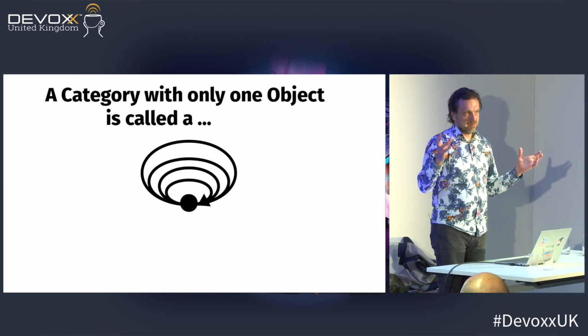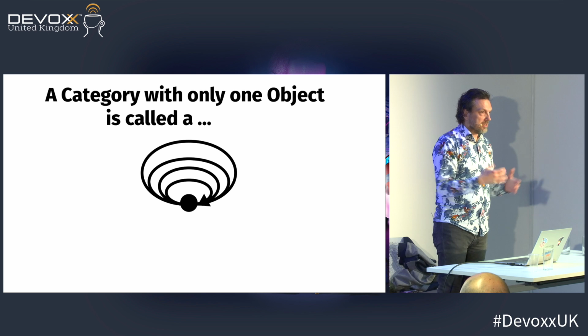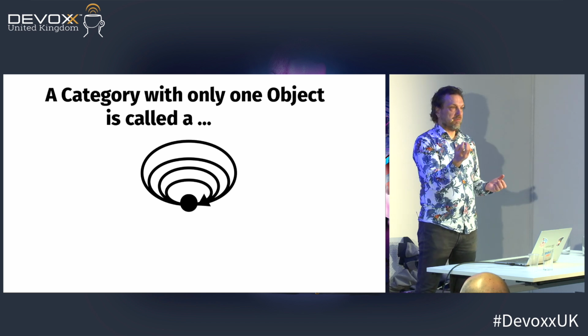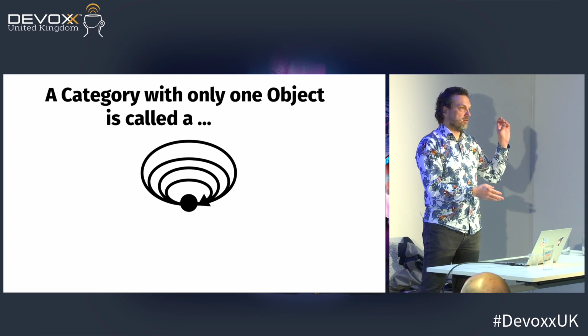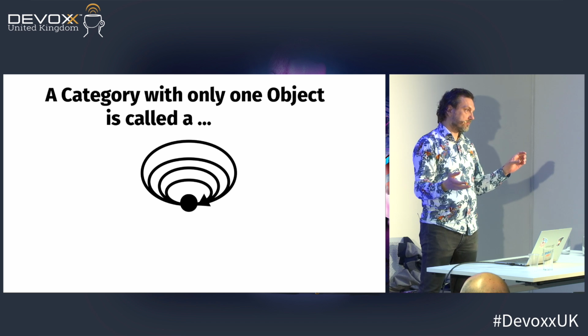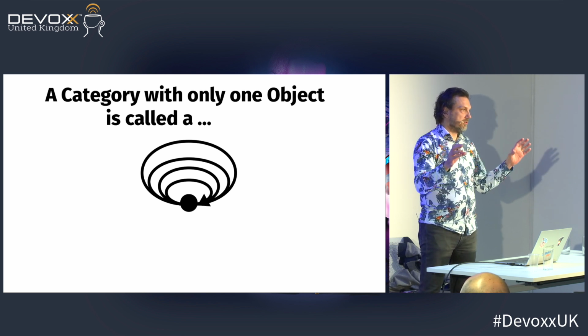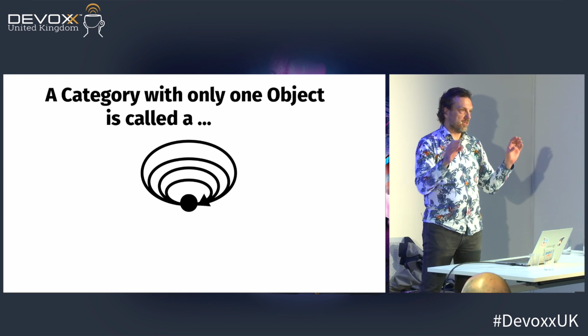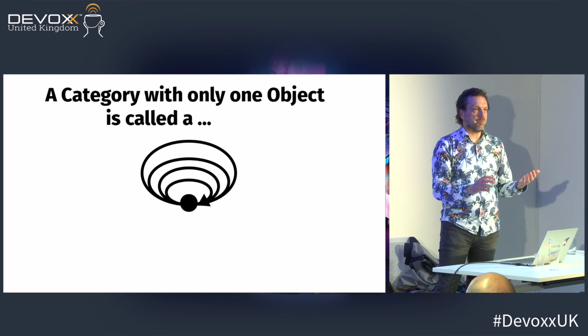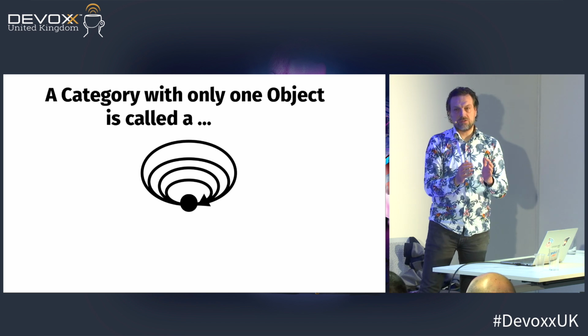So the monoid is a category where basically you have only one object. So monoid. It's quite easy. And the idea of a monoid is that since you have only one object, something that goes from integer to integer, you can kind of reduce. If you know map reduce, the reduce part is related to monoid, because we can reduce.